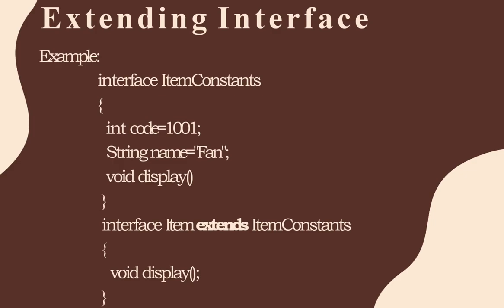Next, you are going to extend your interface, as in interface item extends item constants. So name 2, that is the second interface we saw earlier, is getting the properties from the first interface. That is what is happening here, and inside you have declared a method.